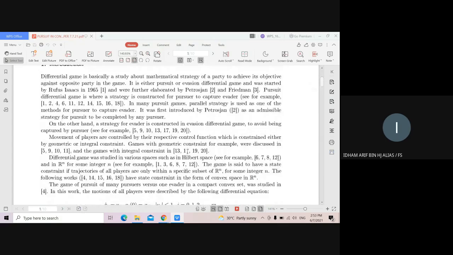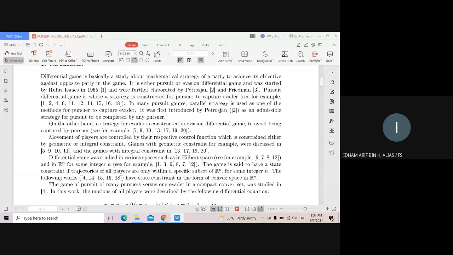It could be geometric constraint, for example, which are discussed in this following list of works, or it could be limited by integral constraint, which are studied, for example, in these works. Geometric constraint is some kind of constraint that limits the speed of players, while integral constraint limits the resource, usually the energy of the players.